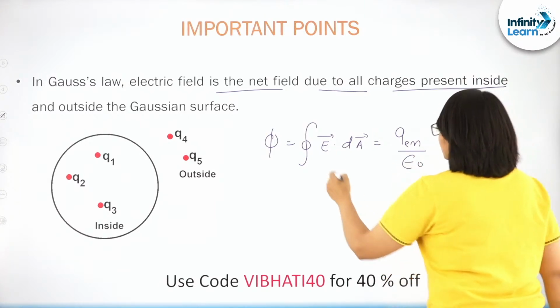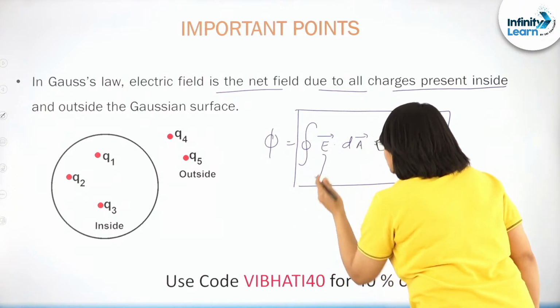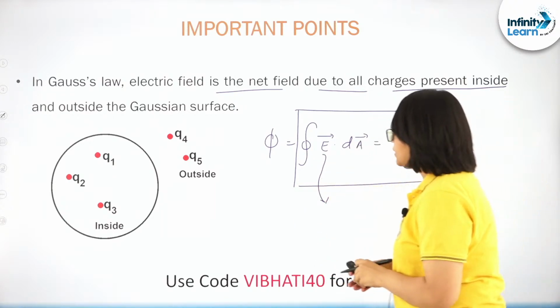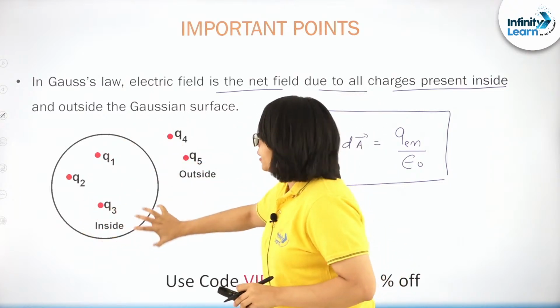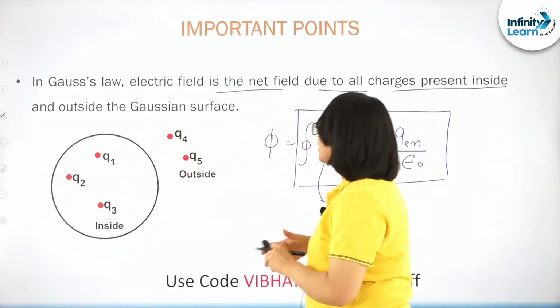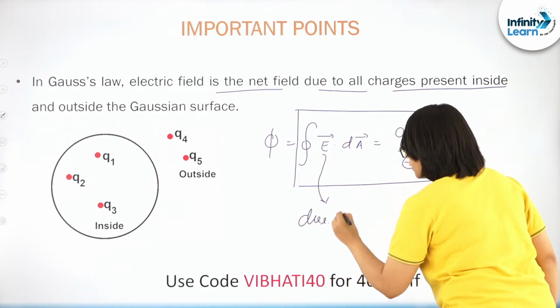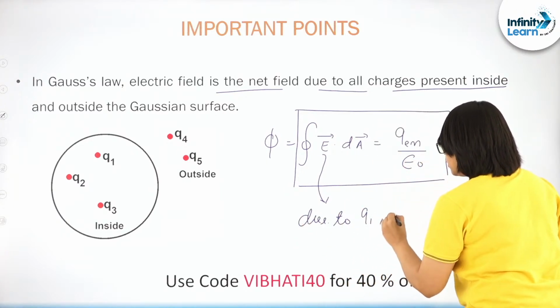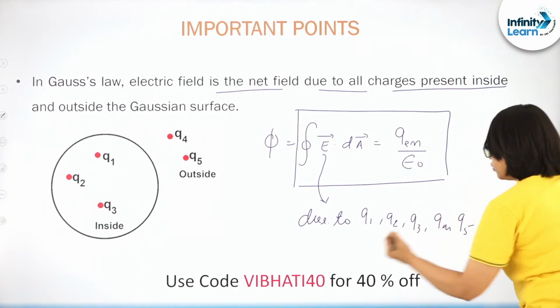ठीक है. Now look at this statement. In this statement, this electric field is due to the presence of all the charges, ठीक है, inside as well as outside. So this electric field is due to Q1, Q2, Q3, Q4 and Q5.